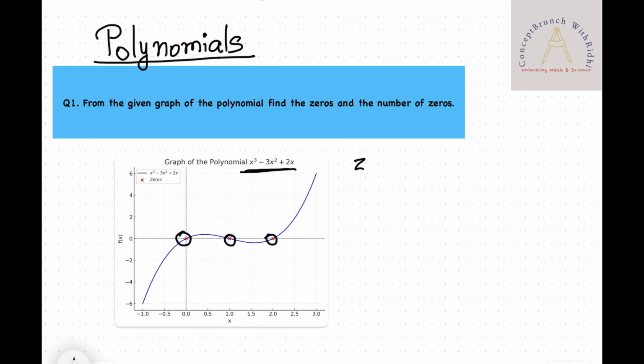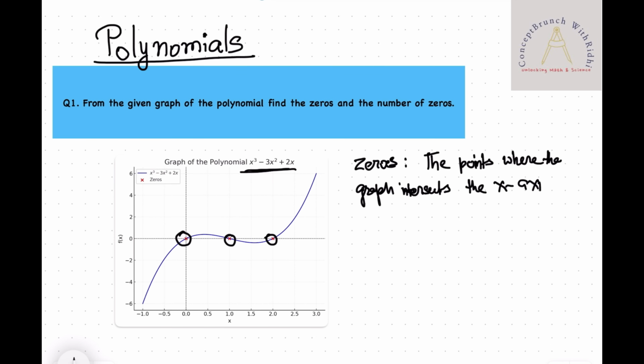So how to find out the zeros? You have to remember that to find out the zeros, the points where the graph intersects the x-axis. Okay, this is very important to remember. Okay, so count them to find the number of zeros.